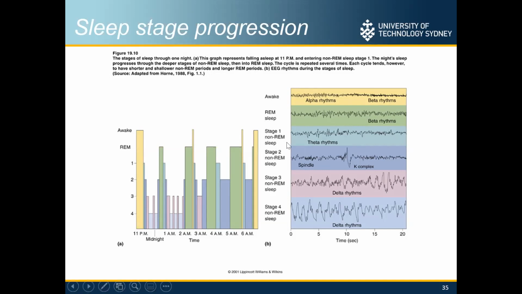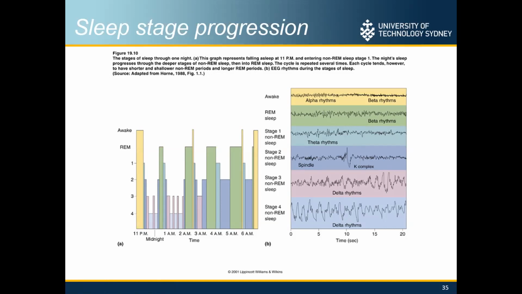In stage 1, it is mainly comprised of theta rhythms, but the later stages of sleep are characterized by slower brain waves, with the onset of delta rhythms.